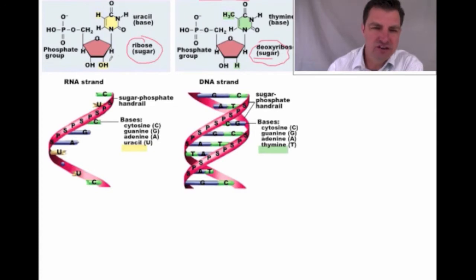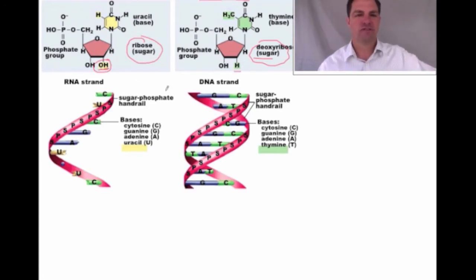There's the difference right there. You notice this one has a hydroxyl group, the OH, and this one has a hydrogen. So that's one difference. The other difference is in DNA, most of the time, there are exceptions with viruses and things like that. We'll ignore those now, but just in case you ever come across them, if you take micro, for example, you might see this.